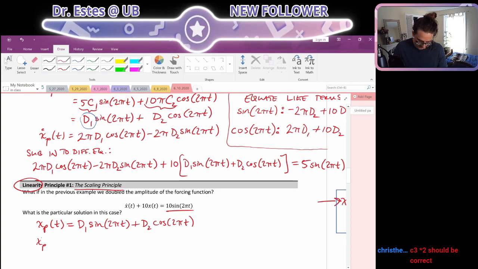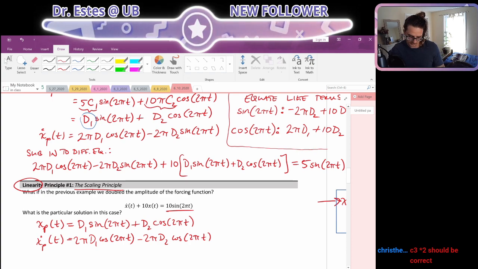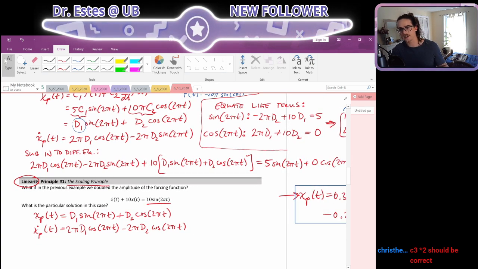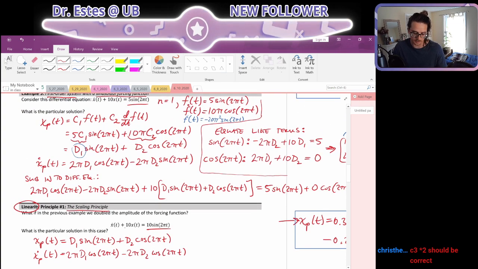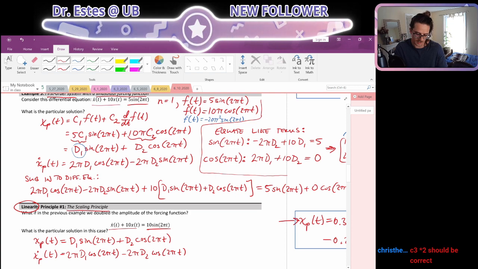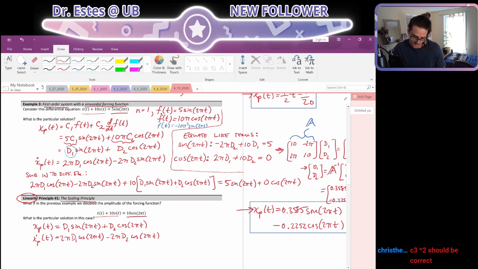And I also know that I'd have the same derivative terms. If I substitute that into the differential equation, the differential equation is the same: x dot plus 10x. So I'd get the same thing.